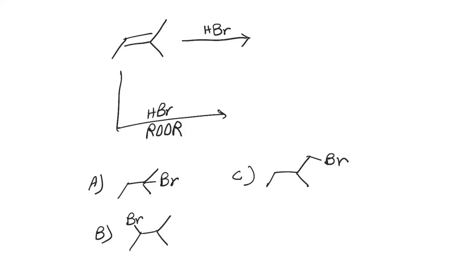Which one is the major product of the top reaction with HBr? So A is the major product of the first reaction. And which one is the major product of the second reaction, the one with HBr and ROOR, peroxide? B. Good. Any question?